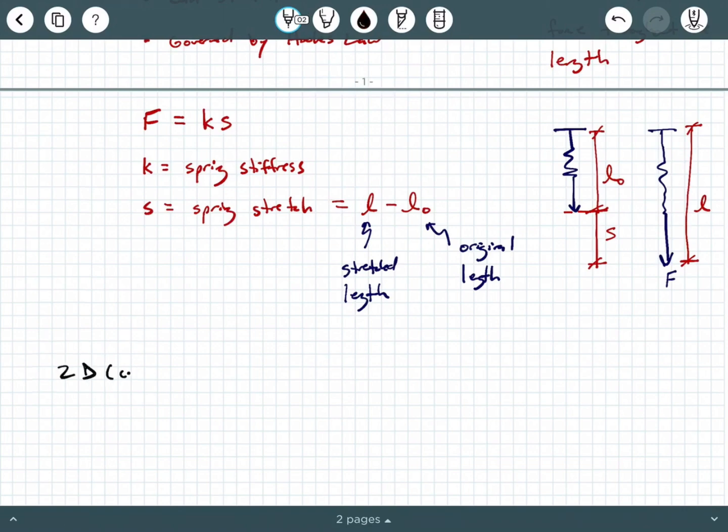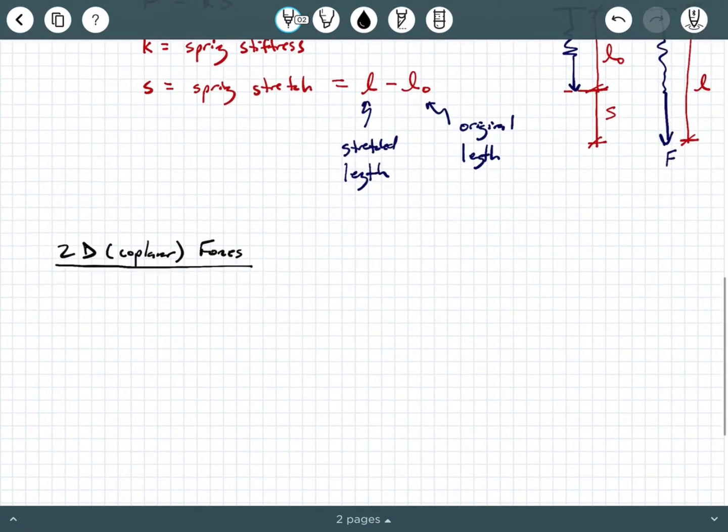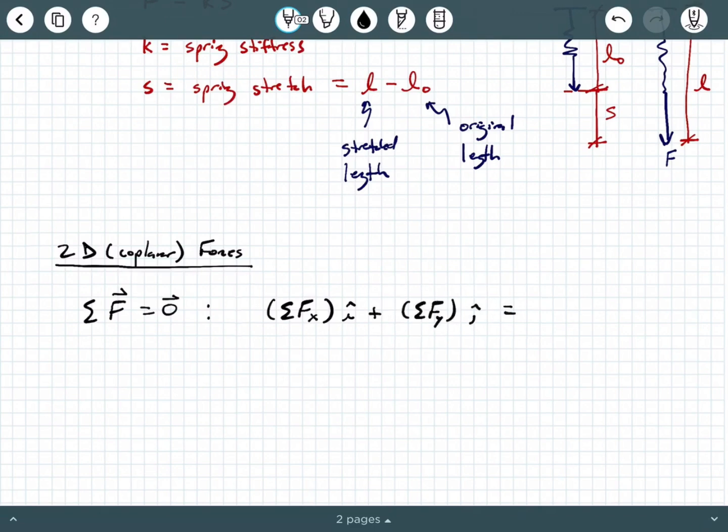So let's first start by talking about 2-dimensional, or sometimes what we call coplanar forces. Coplanar means within the same plane, and a plane is 2 dimensions. So again, for equilibrium, if the sum of the force vectors equals a zero vector, what does that mean? That means the sum of the forces in the x direction times the i component plus the sum of the forces in the y direction times the j component equals a zero vector. What does this imply about each of these pieces?